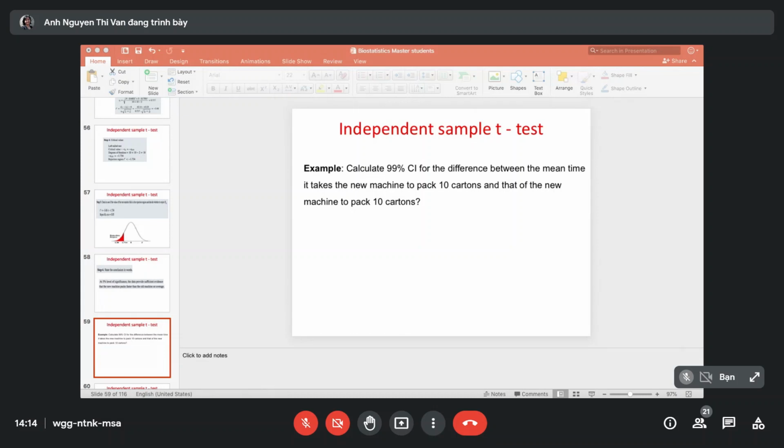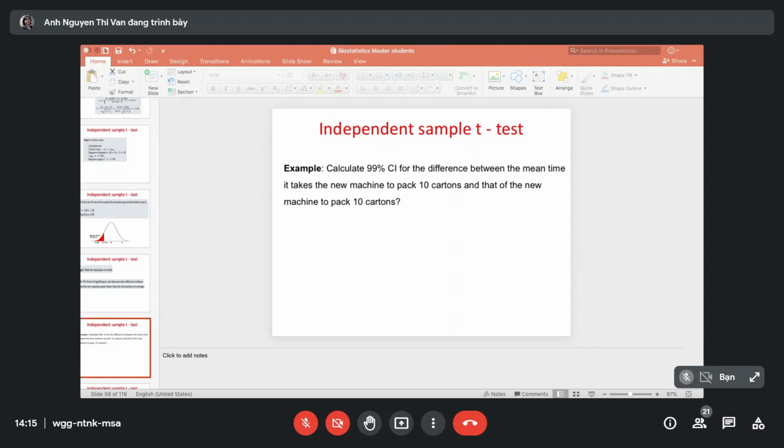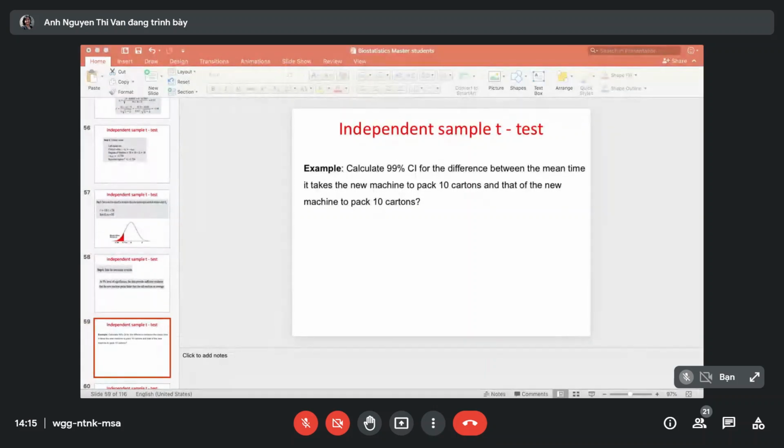Okay, so continue, and we set the hypothesis and calculate. 100% minus 99%, equal to 1%, is alpha. Okay, alpha is 0.01. I agree with you.